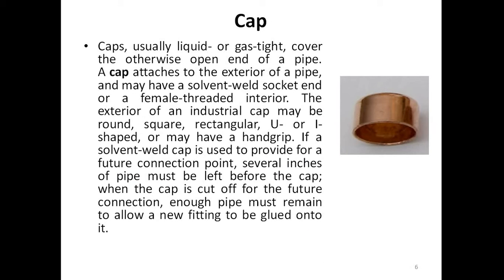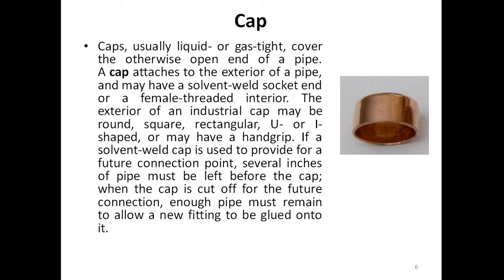Cap. As shown in the figure, a cap is shown. A cap, usually liquid or gas tight, covers the otherwise open end of a pipe. A cap attaches to the exterior of a pipe and may have a solvent weld socket end or female threaded interior.